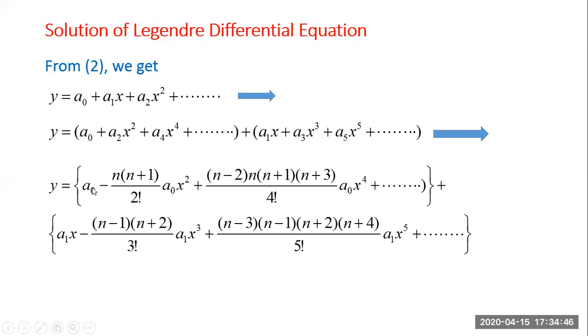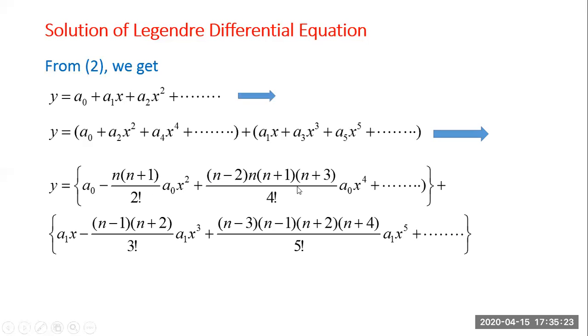So we get a0 as it is, a2 is minus n into n plus 1 by 2 factorial into a0, x square as it is. a4 is n minus 2, n plus 1, n plus 3 by 4 factorial into a0, x power 4 as it is, and so on. Here keep a1x as it is. a3 is minus n minus 1, n plus 2 by 3 factorial into a1 into x cube. a5 is n minus 3, n minus 1, n plus 2, n plus 4 by 5 factorial into a1, x power 5 and so on.